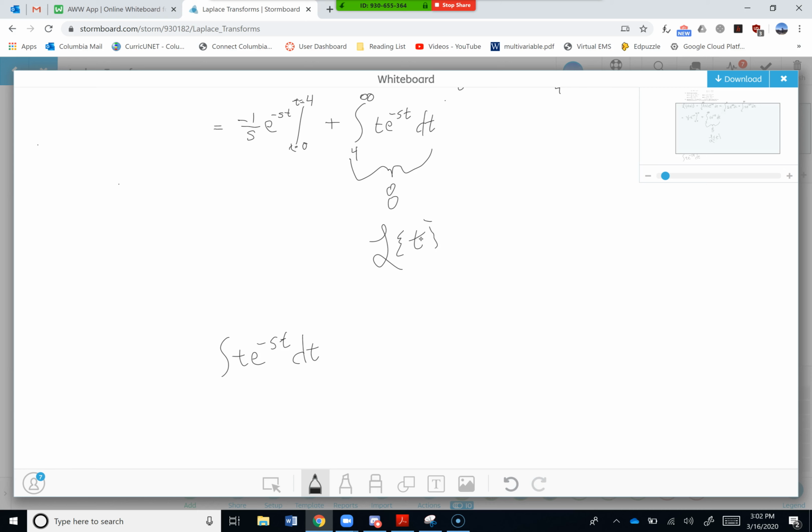Why is it not the Laplace transform of t? Because it's not 0 to infinity. Good, the bounds are wrong. The Laplace transform of t would have the integral from 0 to infinity of t e to the minus st dt. You guys kind of with that?